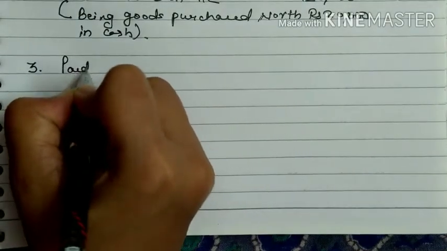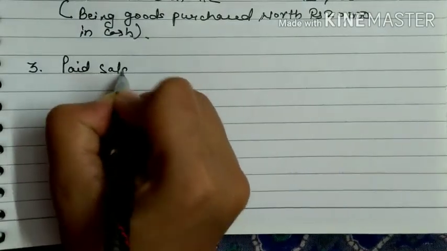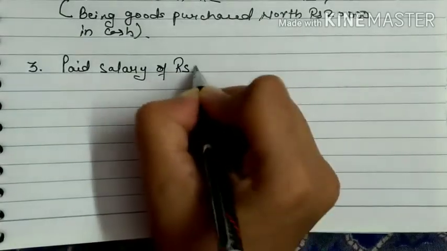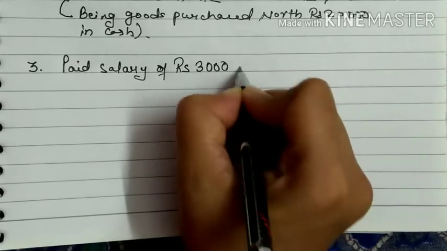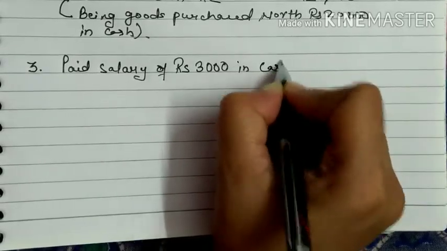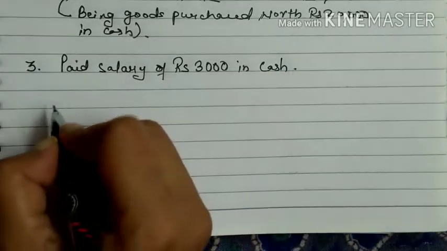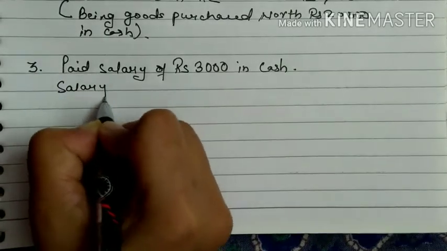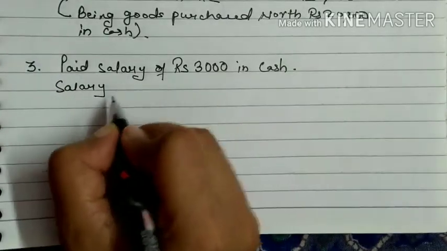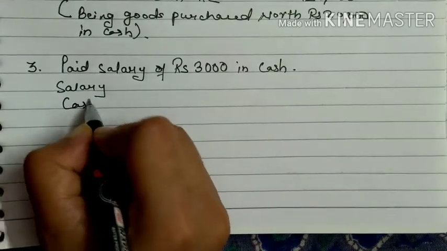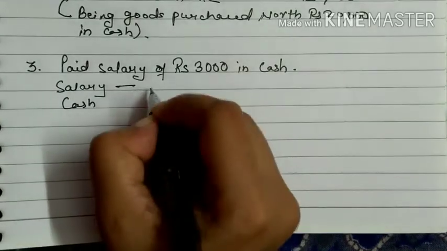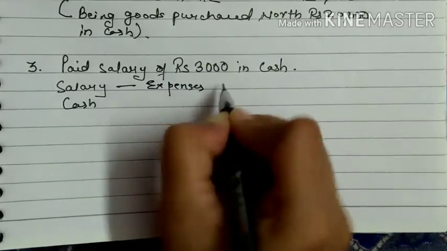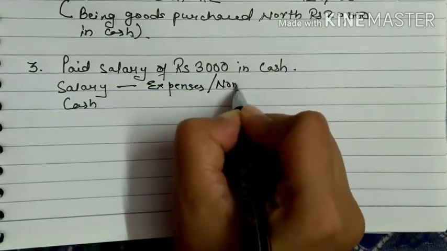Paid salary of rupees 3,000 in cash. So two accounts involved, salary and cash. Salary is expense, or you can say nominal account.